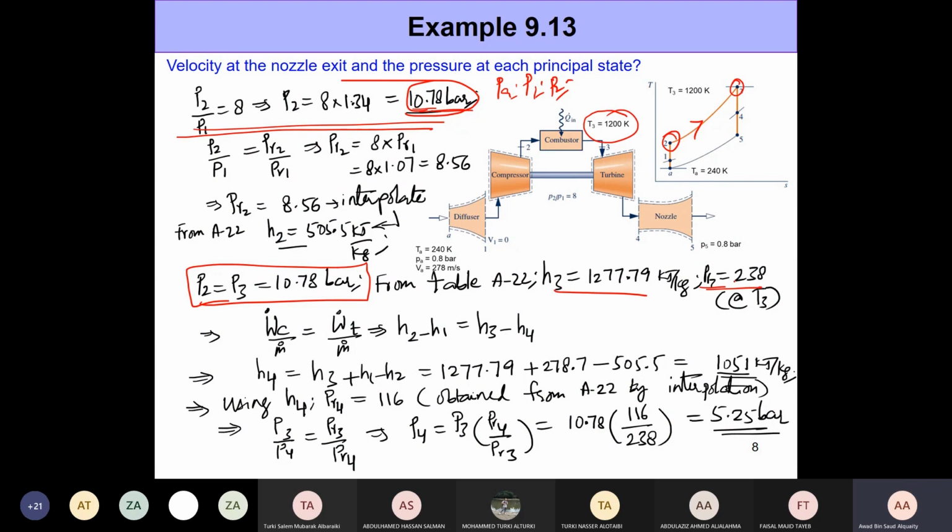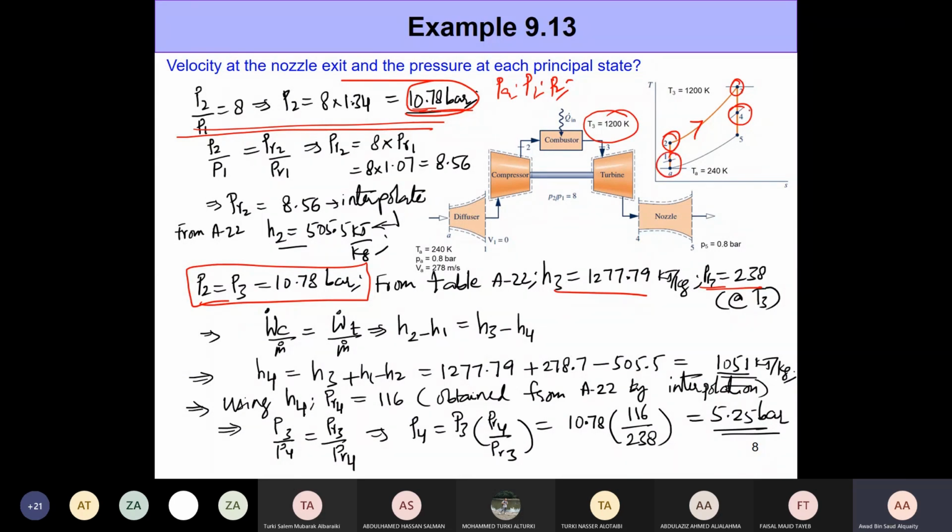Now, the question for us is to determine H4, or rather, we need to determine P4 as well. For us to determine P4, we need to determine H4, just like the way we did for state 1.